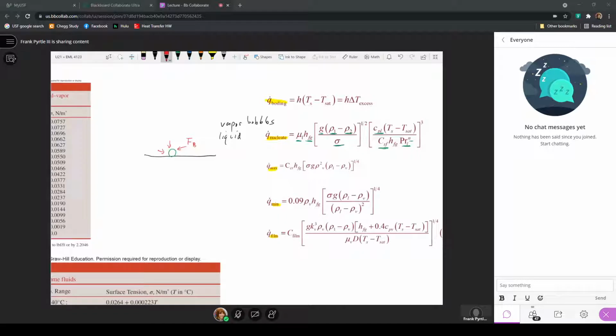Now we find the specific heat of the liquid phase, the dynamic viscosity, the Prandtl number. All of those are important because you have to imagine that there are multiple bubbles forming and moving off of this surface, so that the fluid is actually moving.